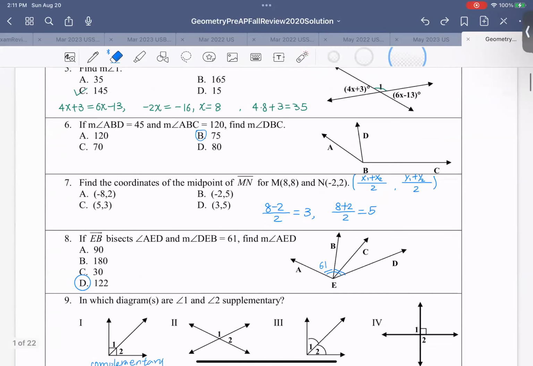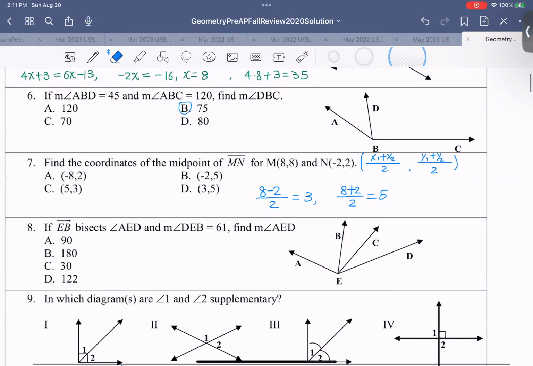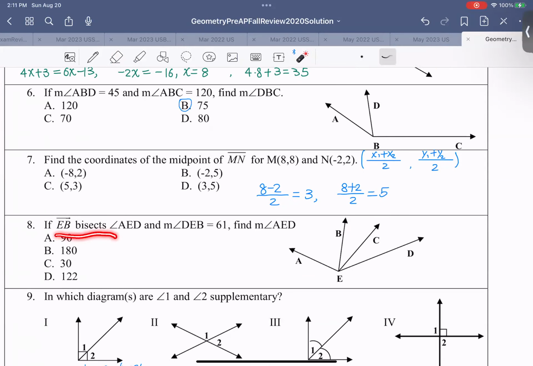let me call a student. Let's do number 8. The question is here. The BE bisects AED. So that guy equals that guy, correct? Yes. And the DEB, this guy is who? 61 degrees. Yeah.